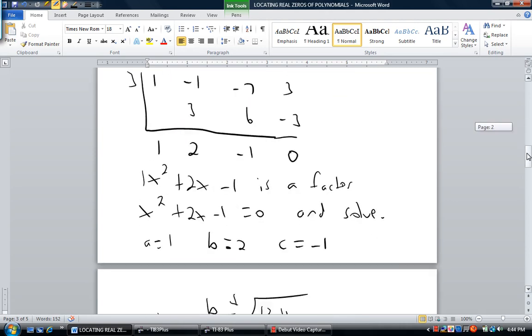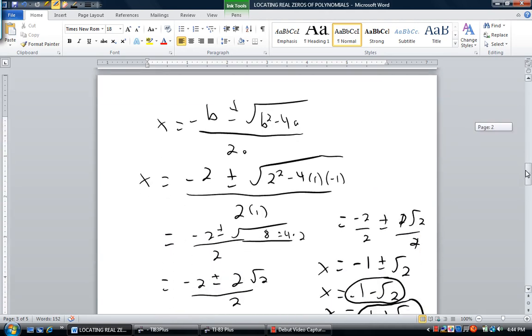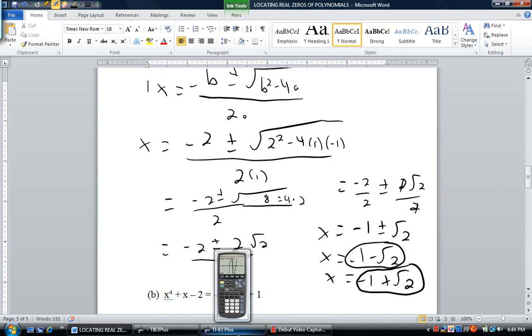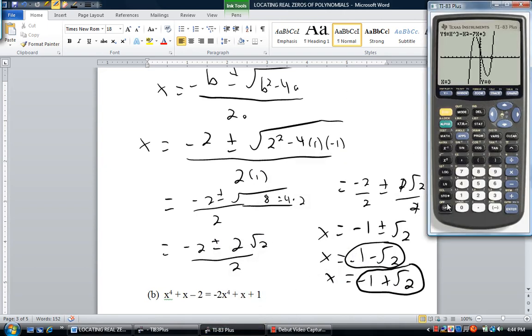Something to also make mention of, just to verify these. I still got it graphed in here. If I hit second trace 5 and I move it over, hit enter 3 times, I get 0.414 and so on. So remember that 0.414.